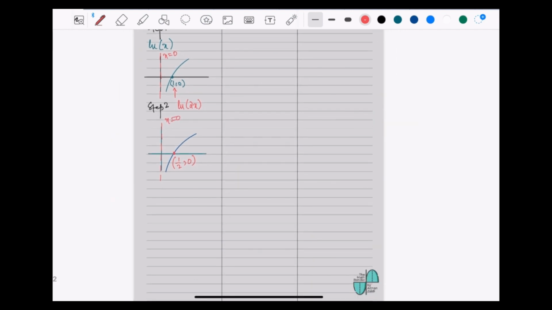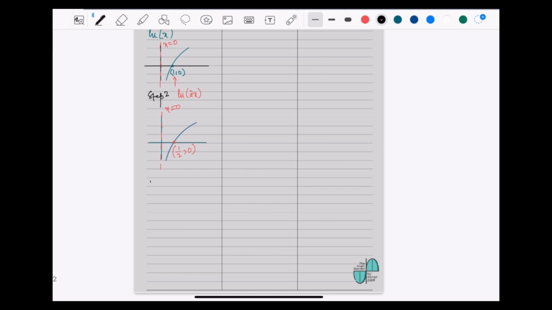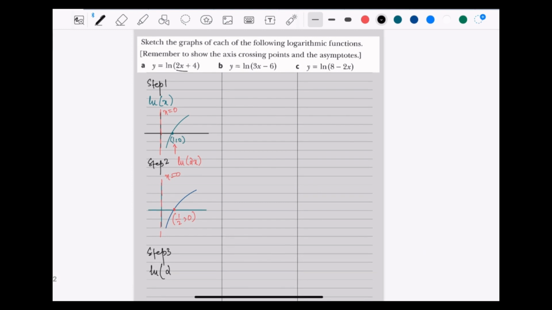Now the third part, and the most important one. Now step 3 is ln, take 2 common from this. Now if you take 2 common, it will be x plus 2.